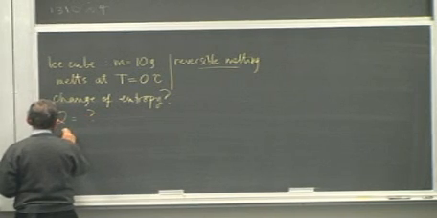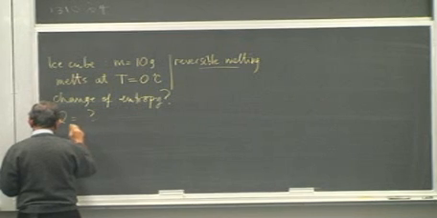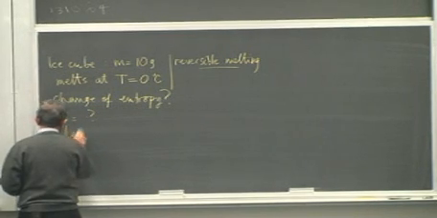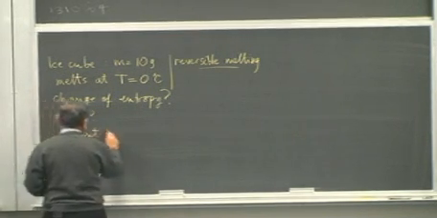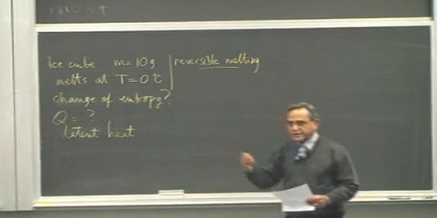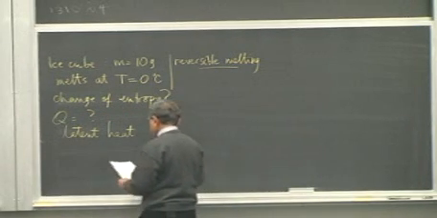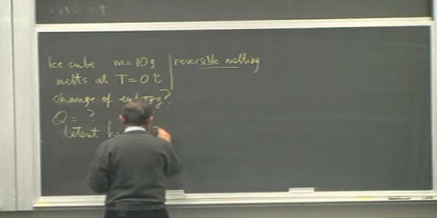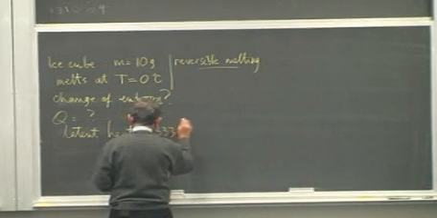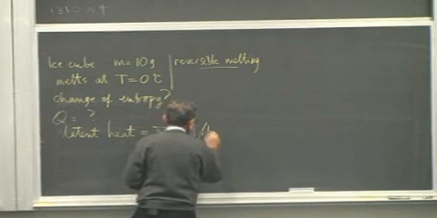For this, we will need to know the heat of fusion, a constant, latent heat of melting of water, of ice, or fusion of water. This is 333 kilojoules per kg.